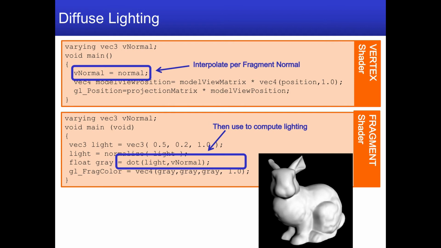So what you have to do is compute the level of gray, like the illumination. The gray level of the color that I put out as fragment color is a dot product between the direction of incoming light, which here I hard-coded but you can also get from outside, and the normal interpolated per pixel.